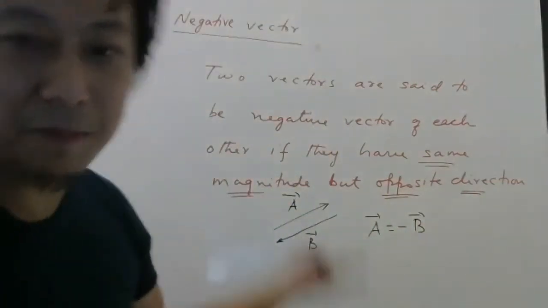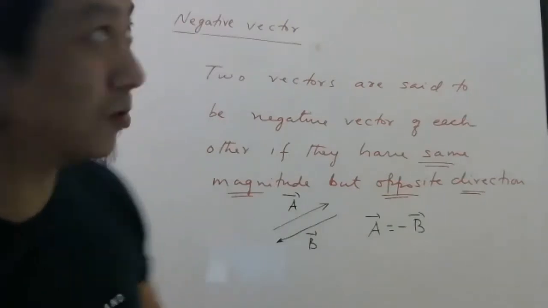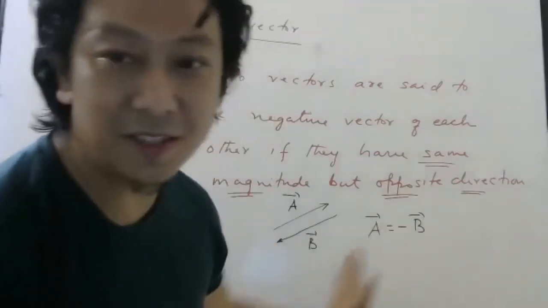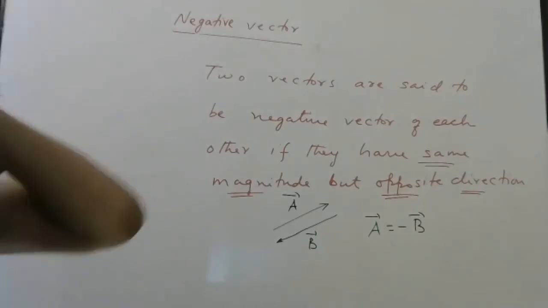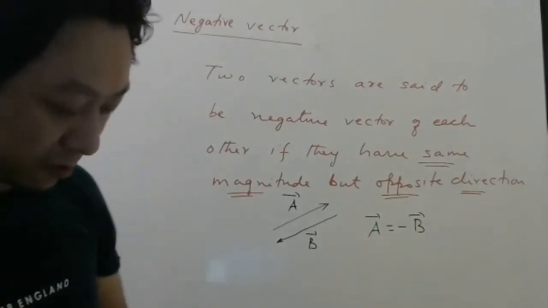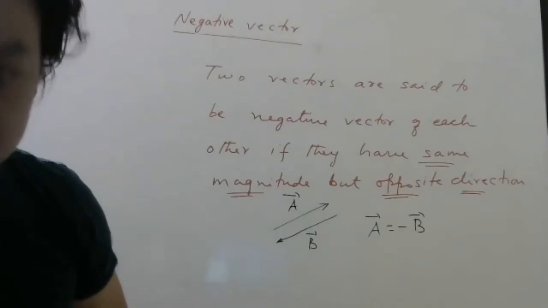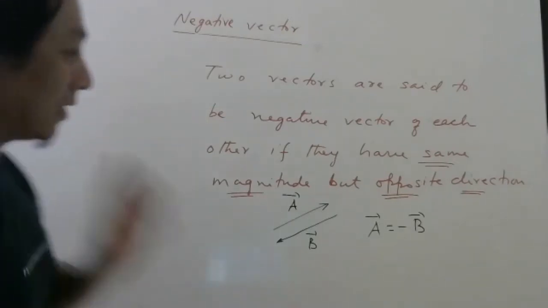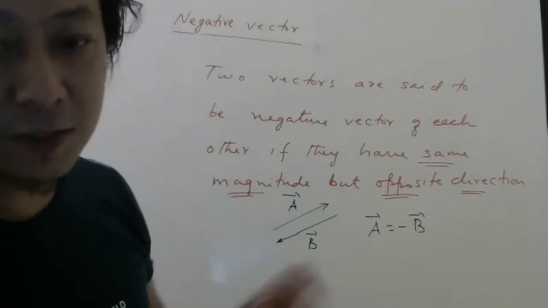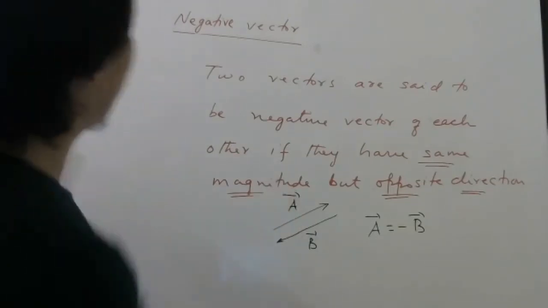Or you can say B bar is minus of A bar also. Just multiply by minus sign both sides. Okay, write down. So this is the meaning of negative vector. Magnitude is same, direction is opposite of the other one.